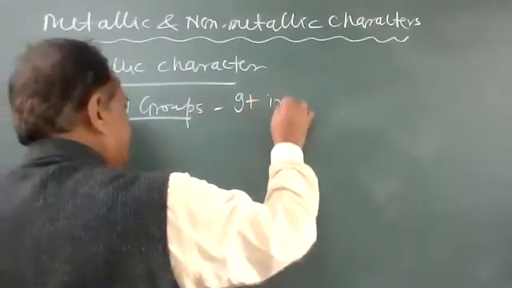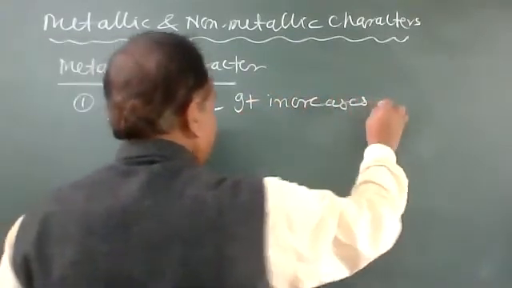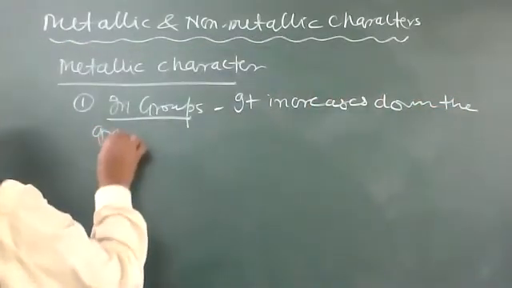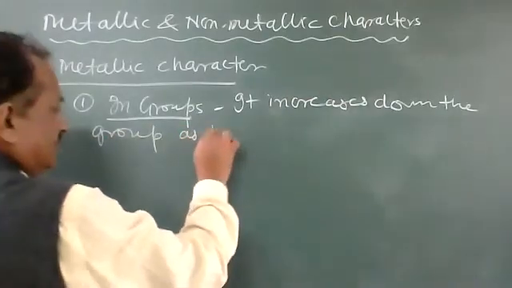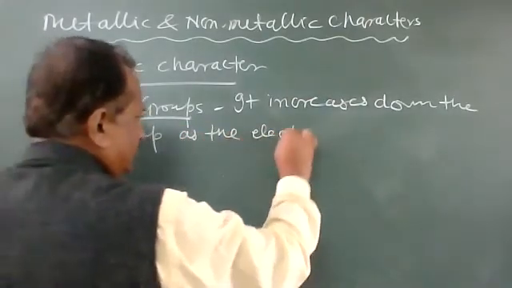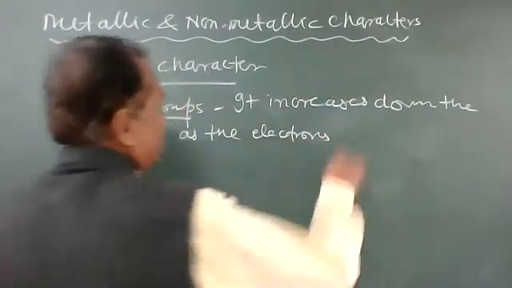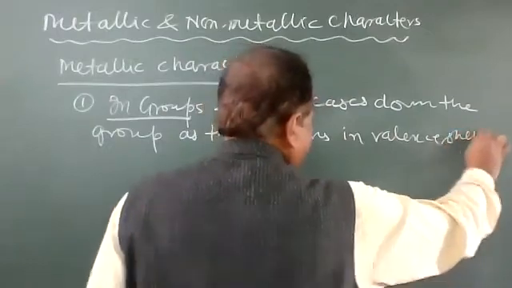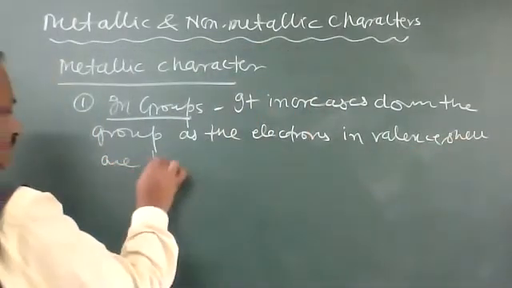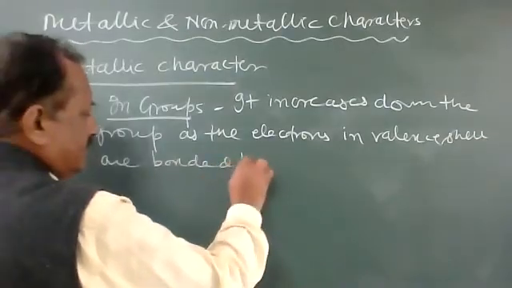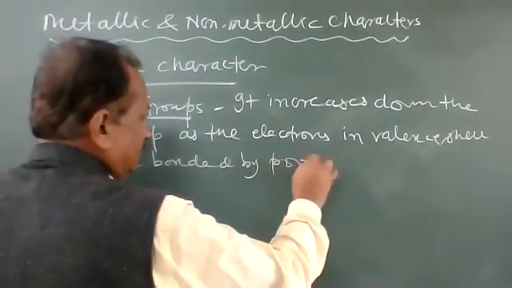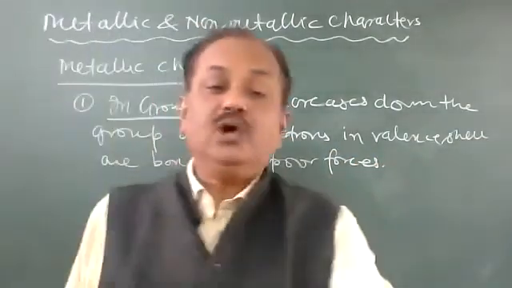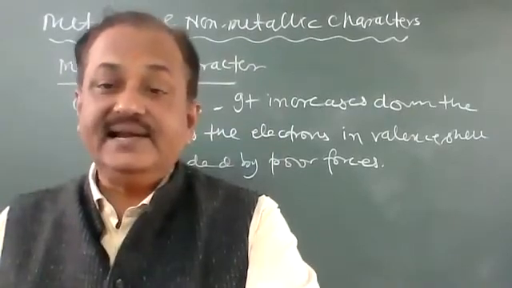It increases down the group as the electrons in the valence shell are bonded by poor forces. So on moving from top to bottom, the metallic character increases.